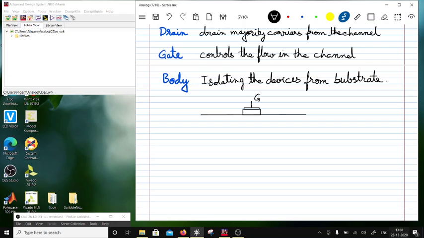So you have got a gate, and let's assume that initially I have all the terminals, so this is basically n plus and p minus. So let's say this is source and this is drain, and let's say there is a body terminal over here.